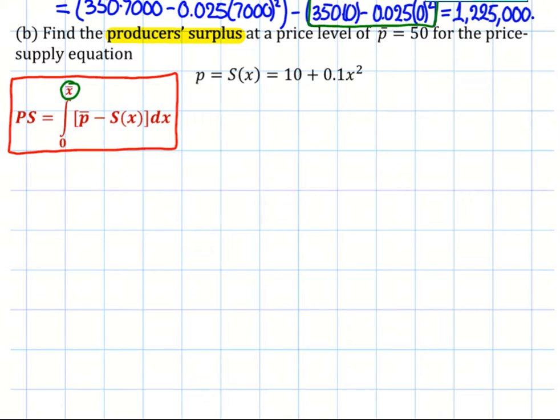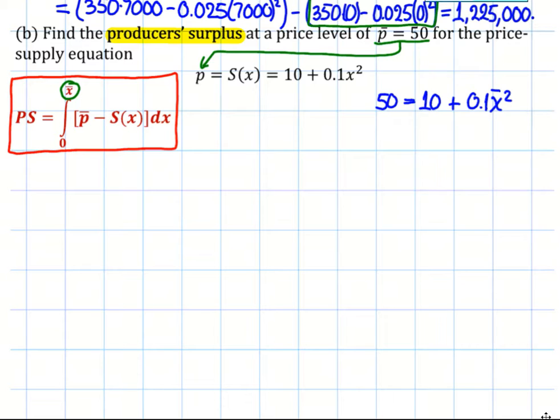We are given the price level 50, so we substitute in here for P. So we have 50 equal to 10 plus 0.1 x squared. Since we substitute in P bar, we're going to have X bar. So we're going to solve for it.